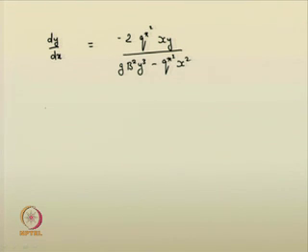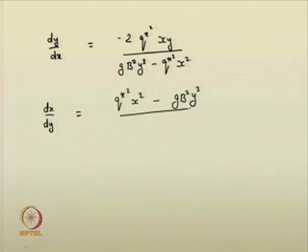You can just invert this relationship. dx by dy is equal to q star squared x squared, because minus is already there. So, I am just writing as per convenience, 2 y's q star squared x y.